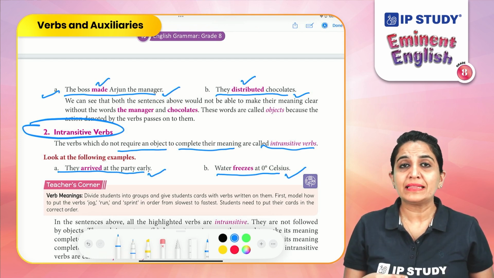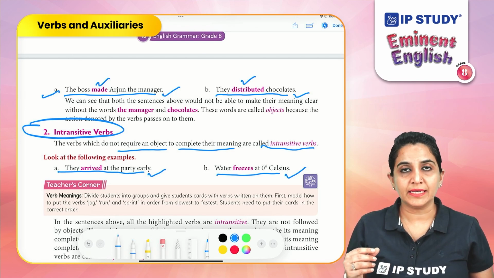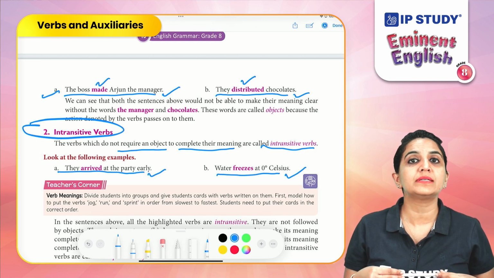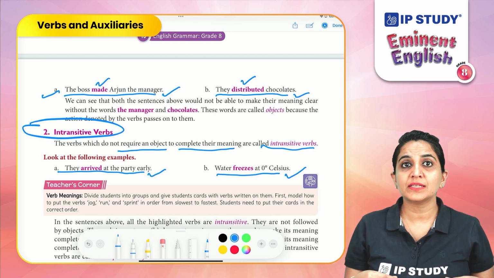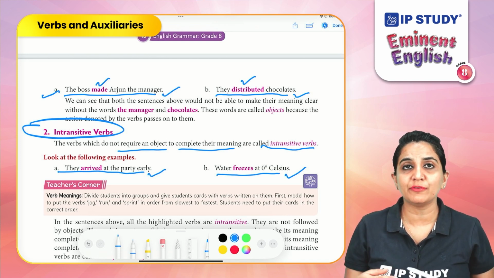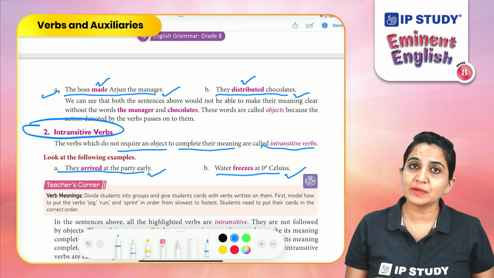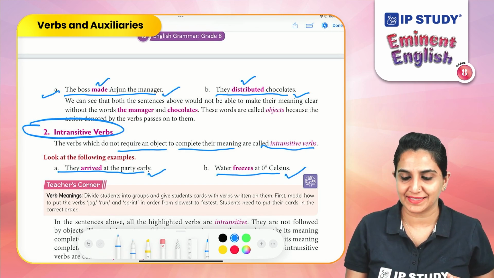But often in these sentences, we require some complements. For example, sentence A, they arrived at the party early. Here, early was mentioned just to make the sentence more descriptive. Hence, these kinds of sentences require a complement to make them more descriptive or more meaningful. So sometimes intransitive verbs can use a complement in the sentence.